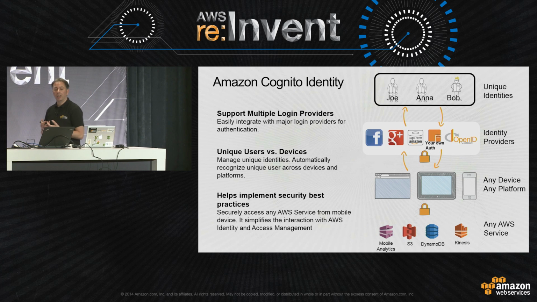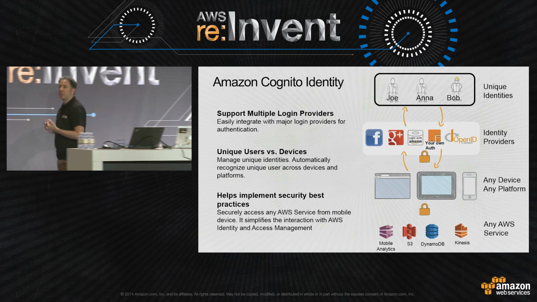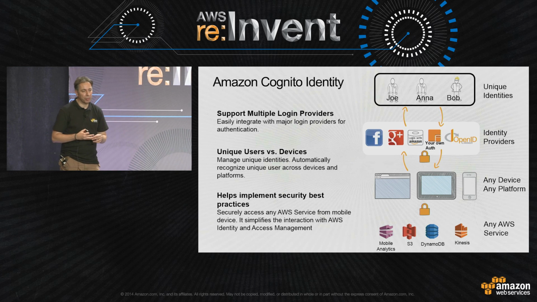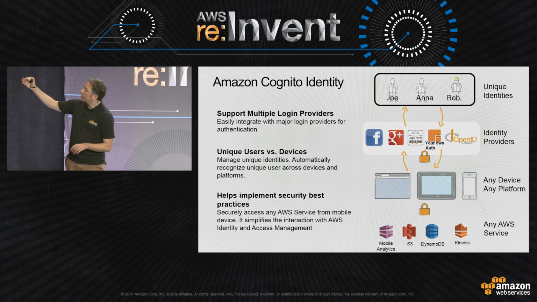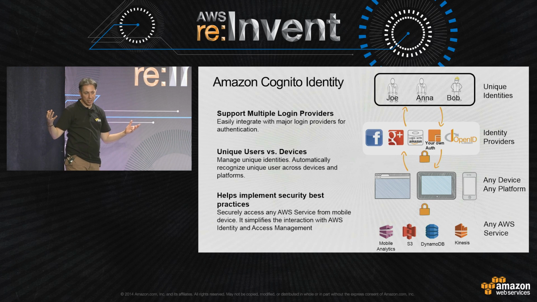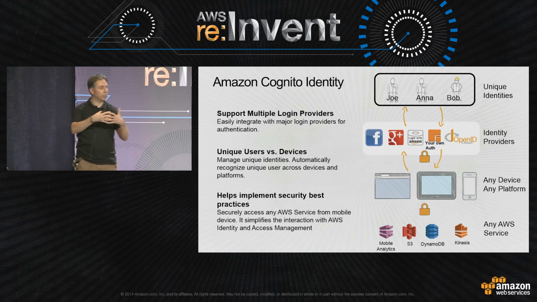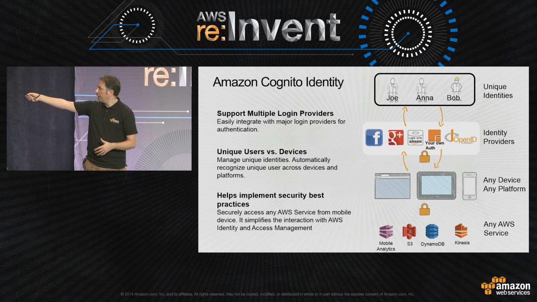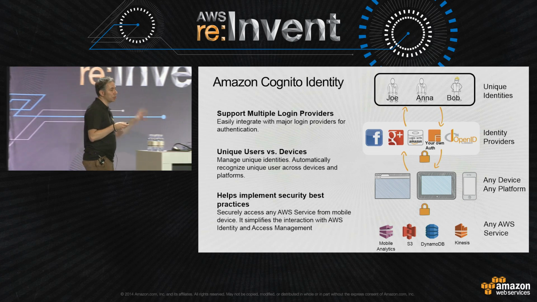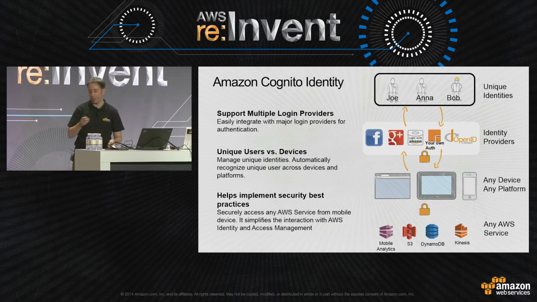We support OpenID Connect, and we also support your own developed identity, so you can create your own authentication system if you want. The user can authenticate from the device towards one of these identity providers. We recognize the same user even if they are using a different device, and then we can merge the identities of the user. And then the user will get AWS credentials that can be used to access our services directly using the connectors that I described previously.